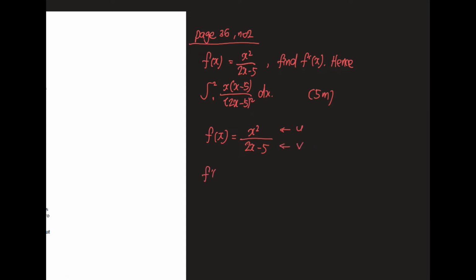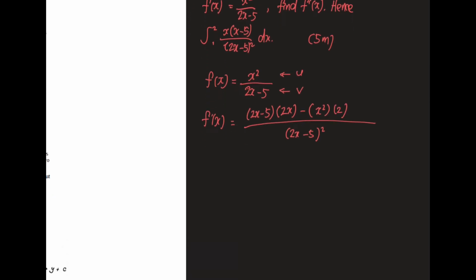So f prime of x is v du dx minus u dv dx, all over v squared. After differentiation, we simplify it. I factorize x, then expand the rest.